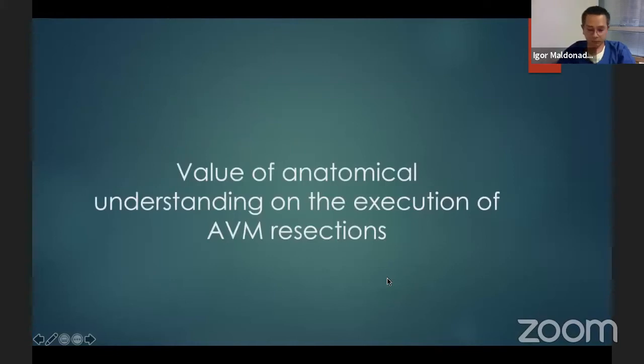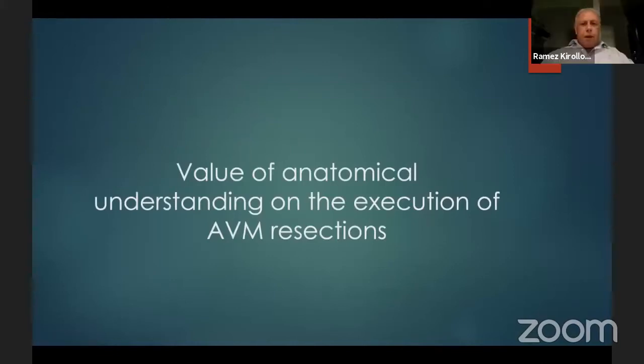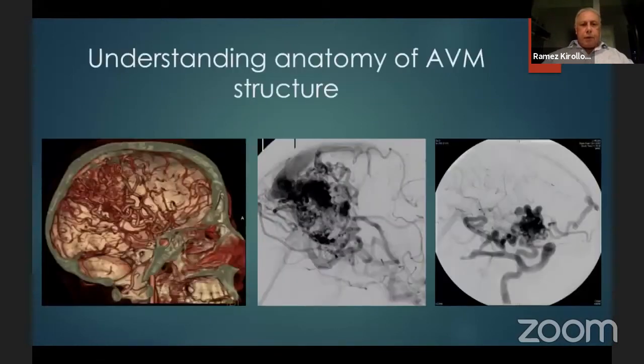Try it. Yeah. Right. So it is mainly to continue the talk, and to show the value of how much anatomical understanding makes your surgery technically simple and easy and makes sense. Because these are complex AVMs, and as you can see, you have to have some understanding of what's underlying that to undergo your surgical planning.